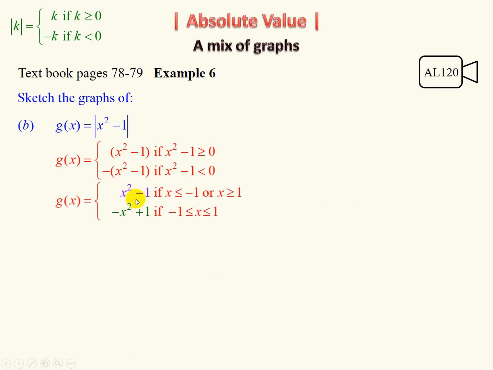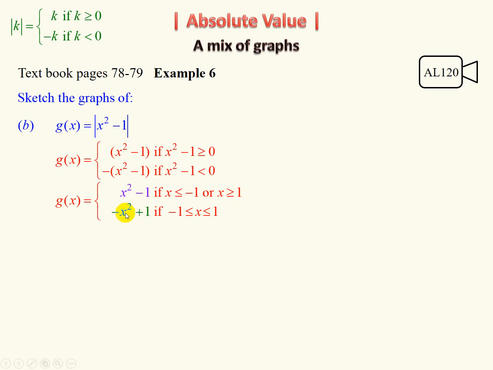For x squared minus 1 to be greater than or equal to 0, x must be less than or equal to minus 1 or greater than or equal to 1. So for example, if x was negative 3, negative 3 squared is 9 minus 1 would give me 8, which is greater than 0. And of course, any positive number greater than or equal to 1.